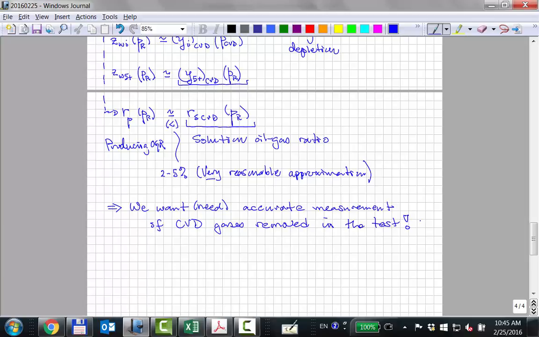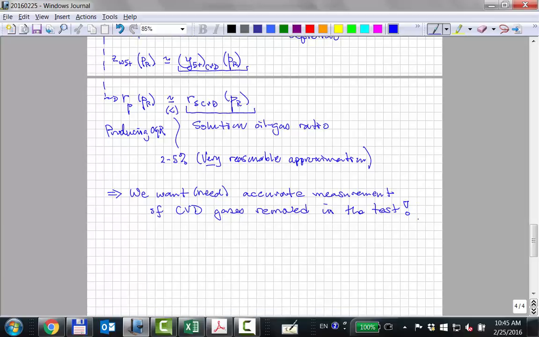Okay, so that's the key. We want those, because if we get those accurate compositions, then we have a good way to predict our producing oil gas ratio, which is going to allow us to predict the amount of recovery loss of condensate, the amount of value loss in the economics.